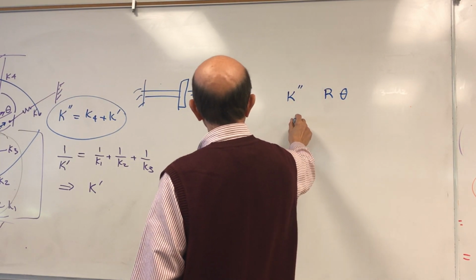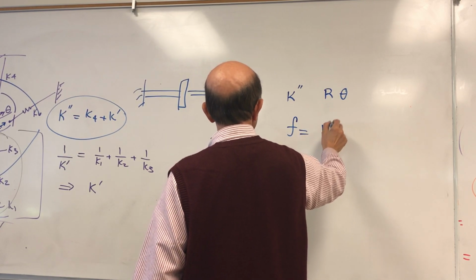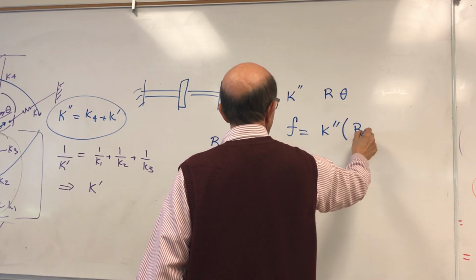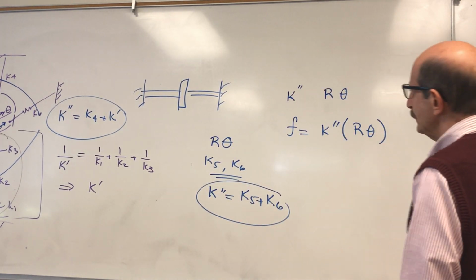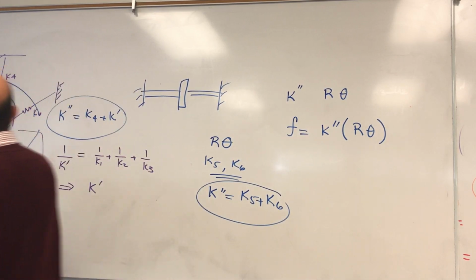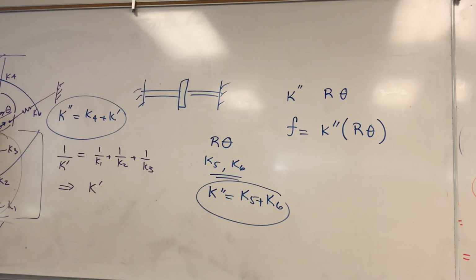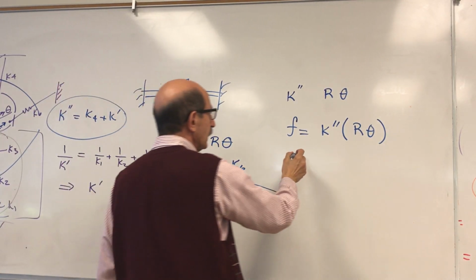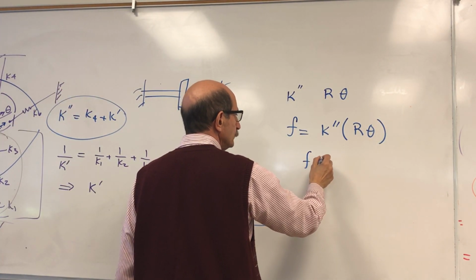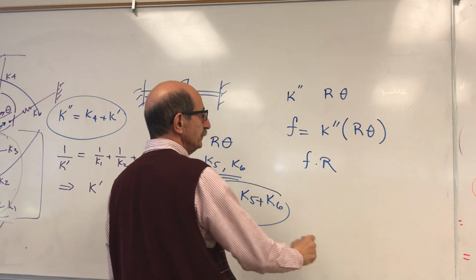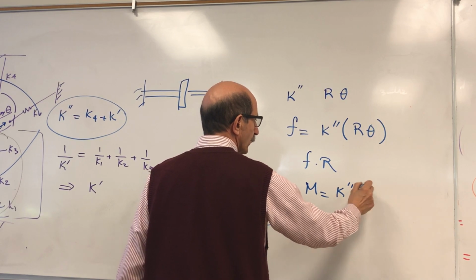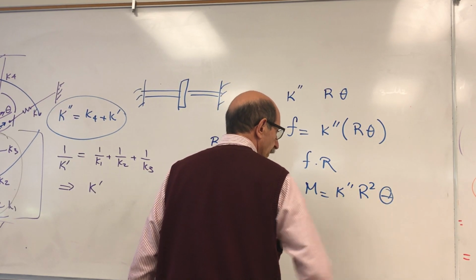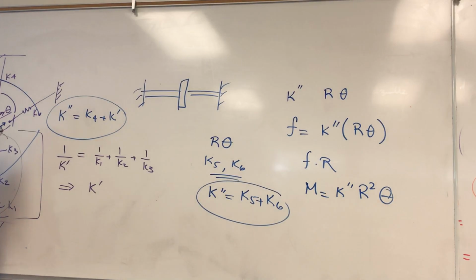So the force that it generates would be K R theta. But the moment that this shaft is subjected to would be F times R, so that moment would be K prime R squared theta.